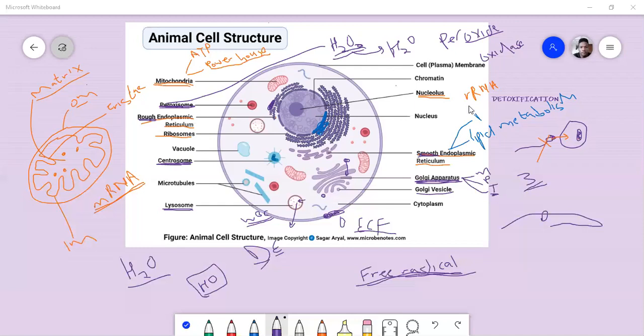What you have to know about your centrioles is that they generate microtubules, right? Your centrioles generate microtubules. And that they direct formation of the mitotic spindle during cell division.